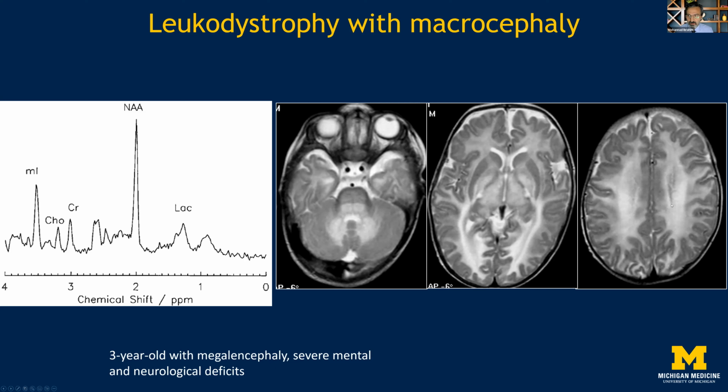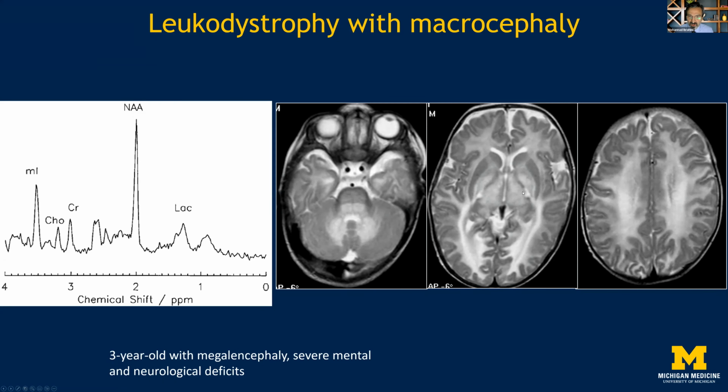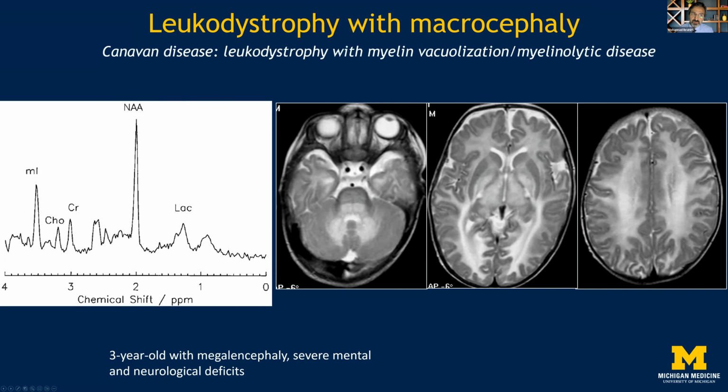There's extensive abnormal signal throughout the entire cerebral white matter, including involvement of the juxtacortical U fibers. There's extensive involvement of the basal ganglia, and involvement of the brainstem and the cerebellar white matter. And this is a case of Canavan disease.